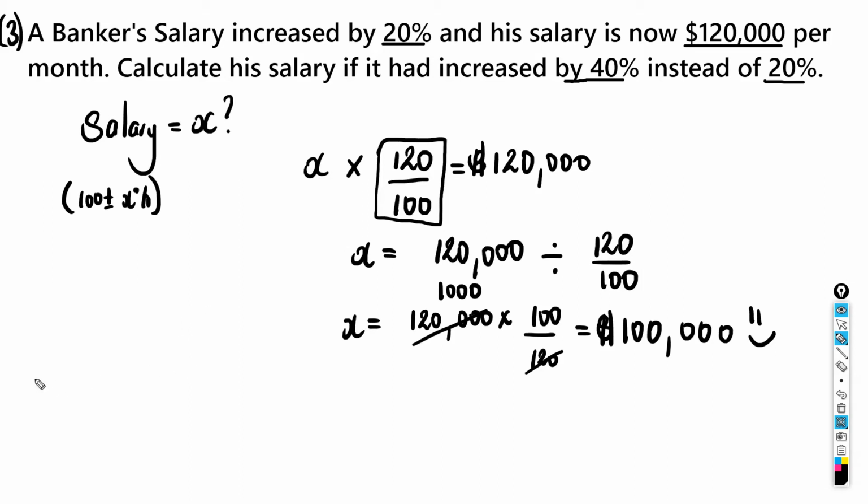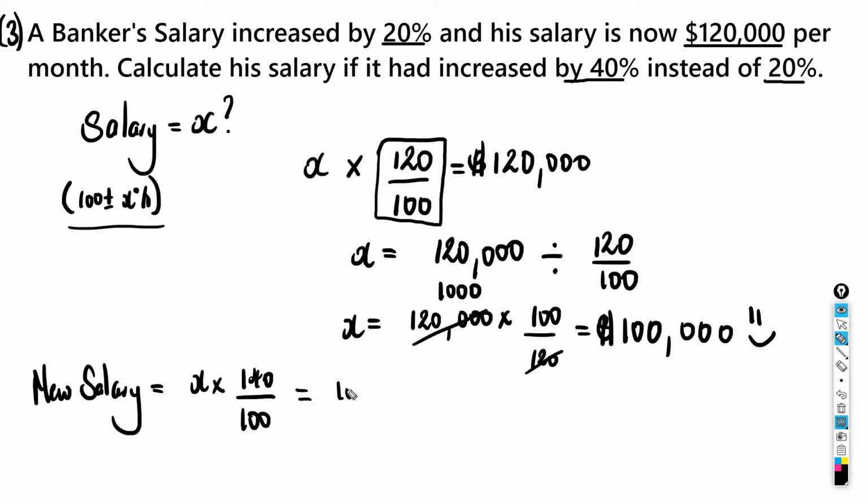So to find the new salary, all we have to do is multiply the old salary, which is the X, multiplied by 140, which is the new percentage, over 100. So this would be equal to 100,000 multiplied by 140 over 100. These two zeros cancel these two zeros, and 140 multiplied by 1,000 gives you 140,000.